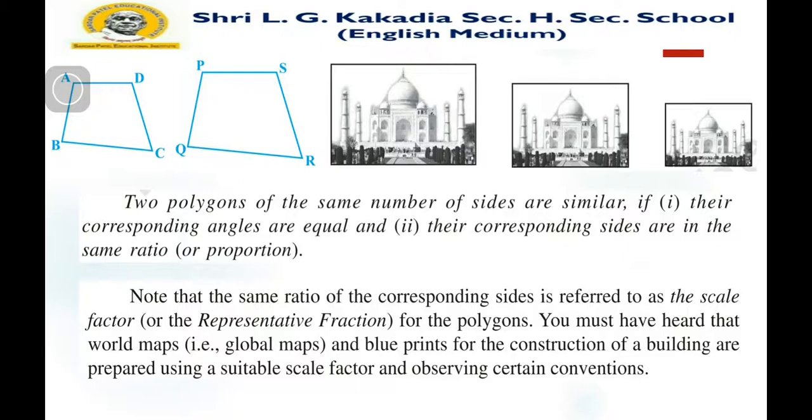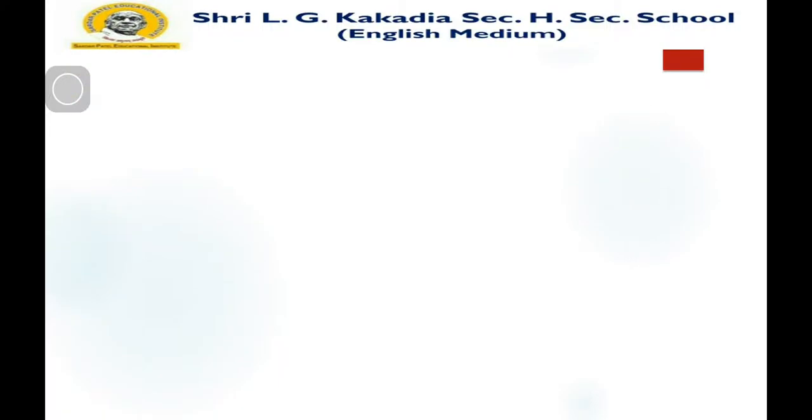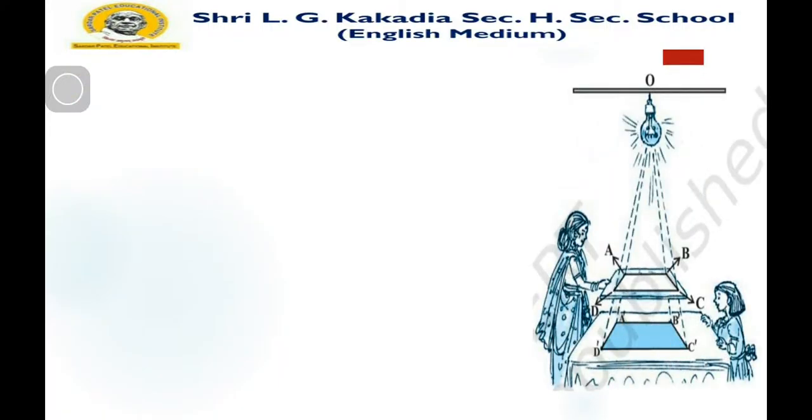Let us consider, here you can see, one frame held by one lady in the figure, and it is ABCD, and one lamp. From the lamp, the beam of light passes through this frame, and the shape such as ABCD is drawn on the surface of the table as A dash, B dash, C dash, and D dash.